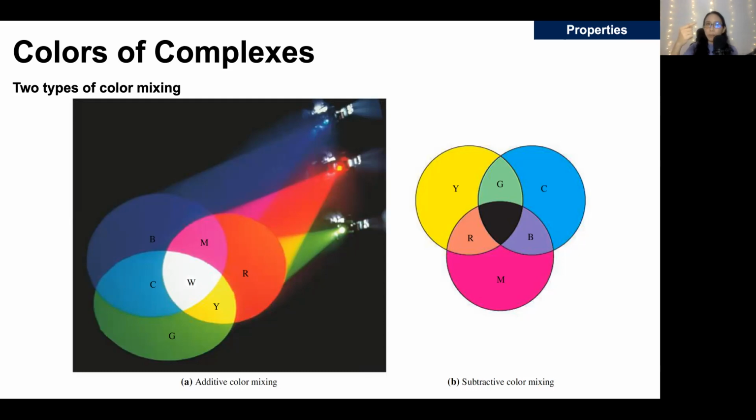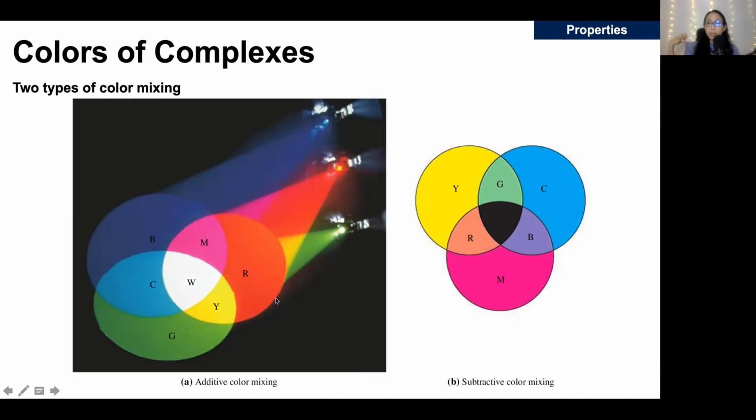So leaves are exposed to sunlight, right? And sunlight is a source of white light. So this white light will pass through your leaves. The compounds inside the leaves will remove the magenta. Hence, it appears green to our eyes. That's your subtractive color mixing.